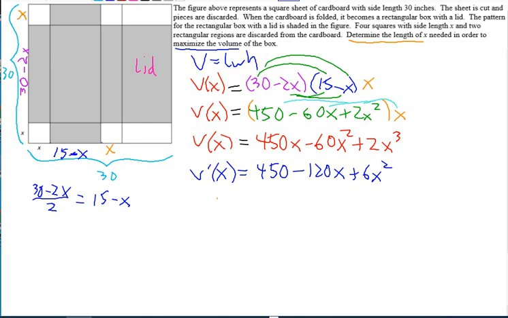And to solve this one, it's probably easiest if you first take out the GCF. Notice that 6 goes into all of these, so you could factor out a 6. And then I'm just going to reorder the terms so they're in standard form with the x squared term first. So x squared minus, if you take 6 out of 120, you're left with 20x. And then this is a plus because it was a positive 450.